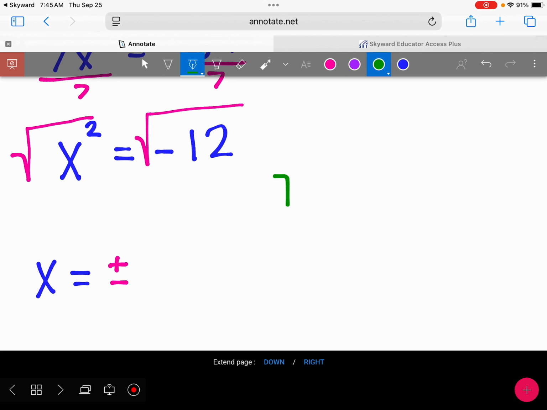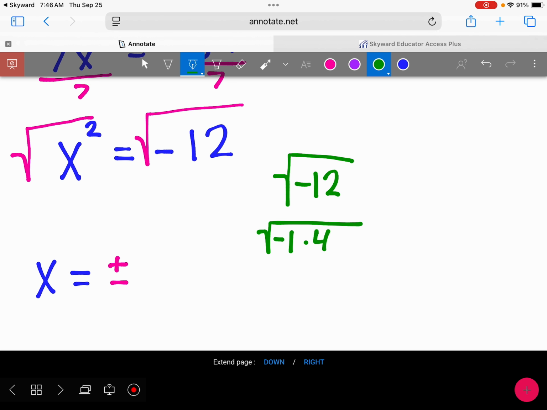And if we come in to try and simplify our square root of negative 12, how can we split that one up? What is a factor of 12 that is a perfect square? 4.